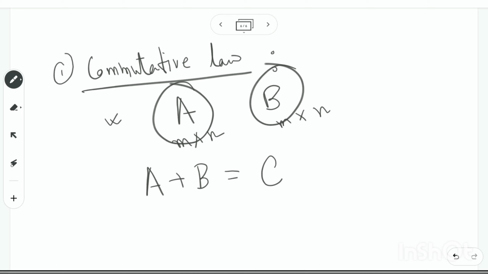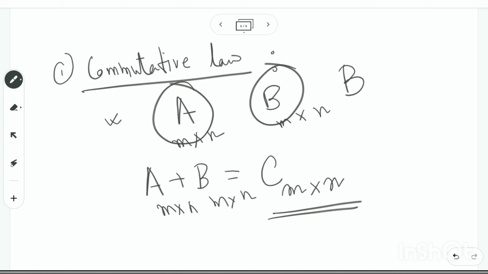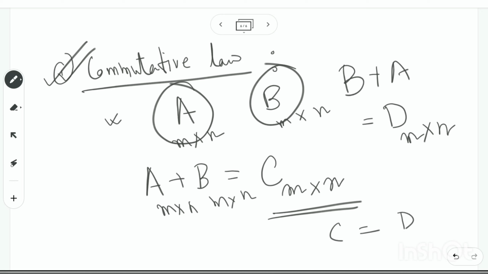Let us name it C, and the order of C is M cross N. Suppose your friend added B plus A and got the matrix D, which is also M cross N. So what does the commutative law say? That C and D are the same. C is equal to D. That is the commutative law.